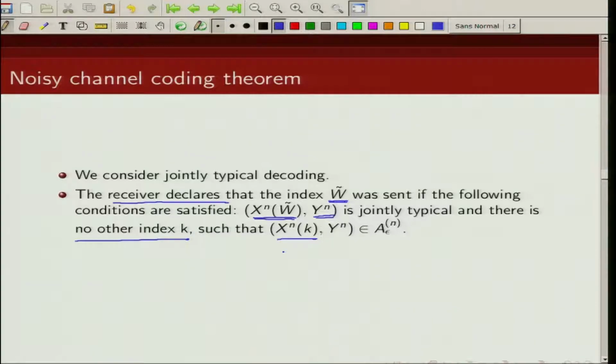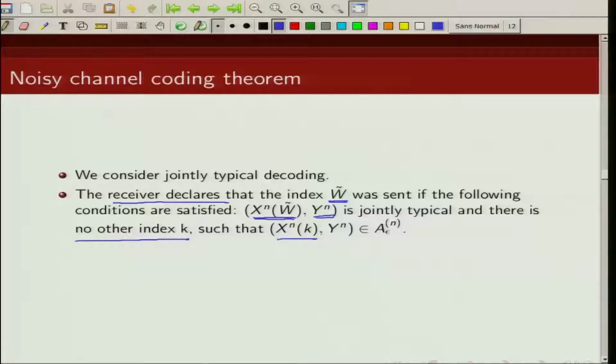So we say that we successfully decode an index if x^n(W tilde) and y^n are jointly typical and there is no other index for which x^n(k) and y^n are jointly typical, and that is basically your typical set decoding.